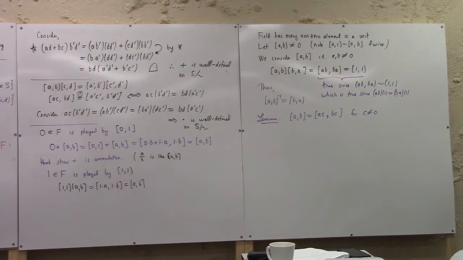For the sake of future reference, I'll write it over here. By definition, we'll just say (a, b) is equal to a over b.